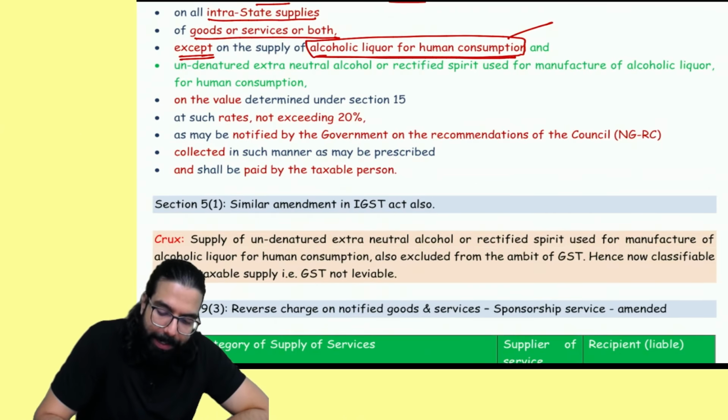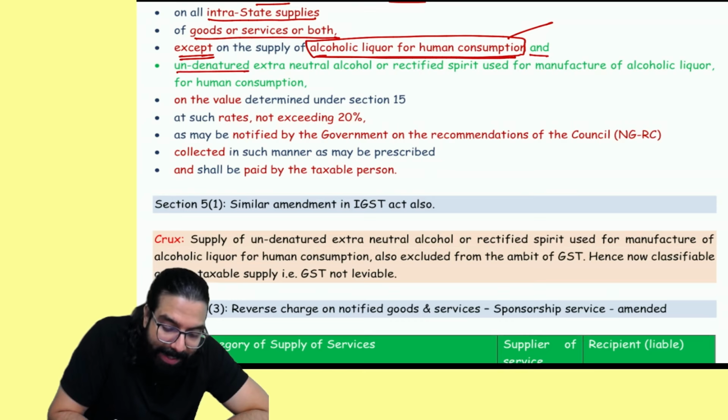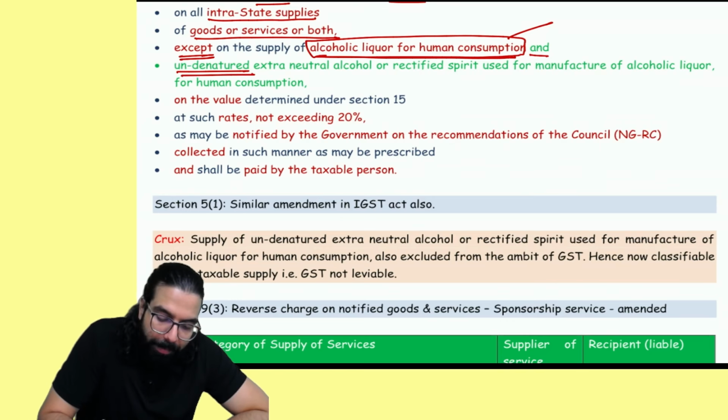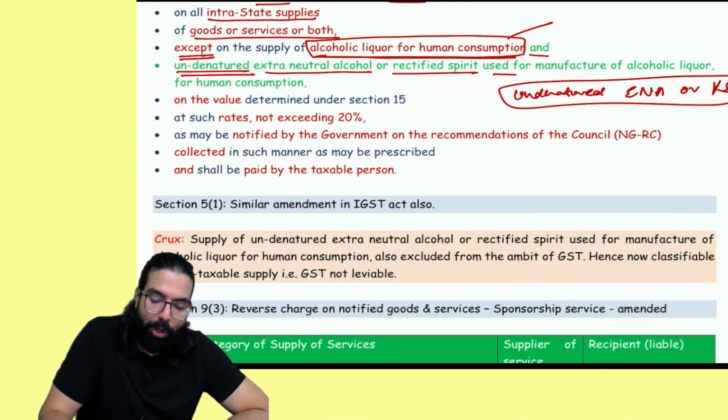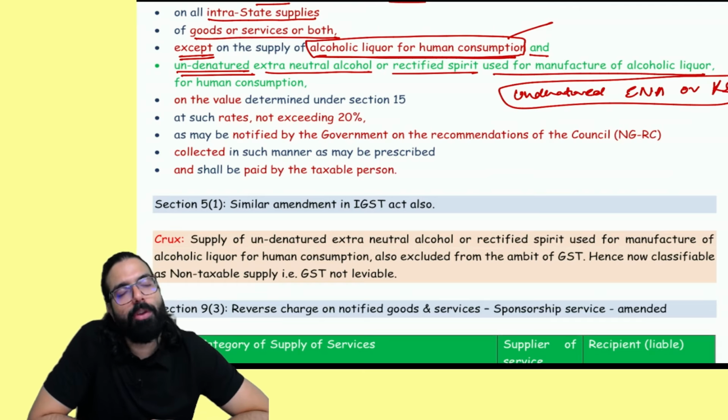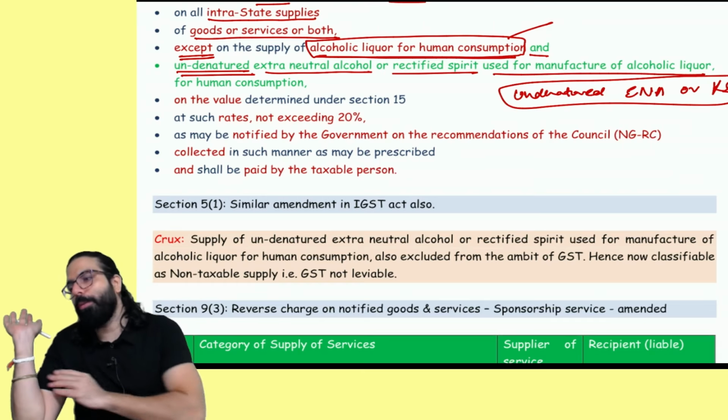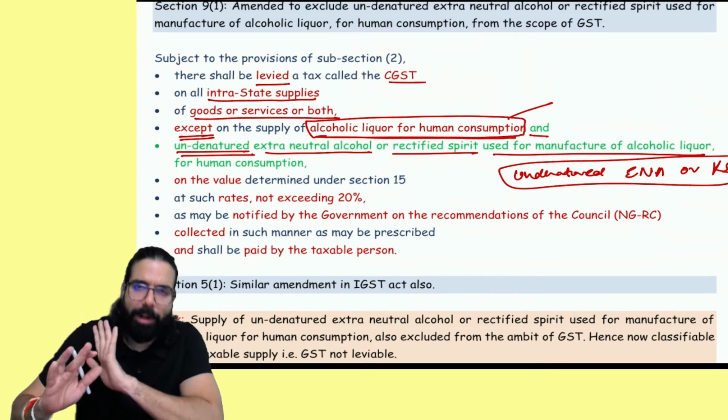To make alcoholic liquor, there is something called undenatured extra neutral alcohol or rectified spirit. This is used to make alcoholic liquor. They are telling this is also non-taxable under GST. I hope this point is clear. That's all they have told.